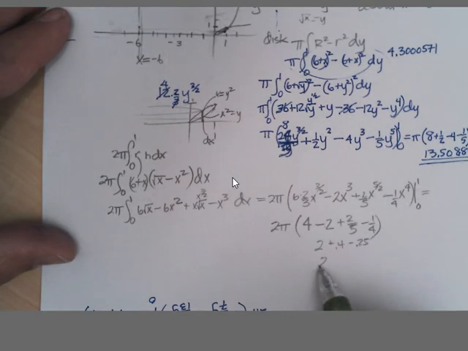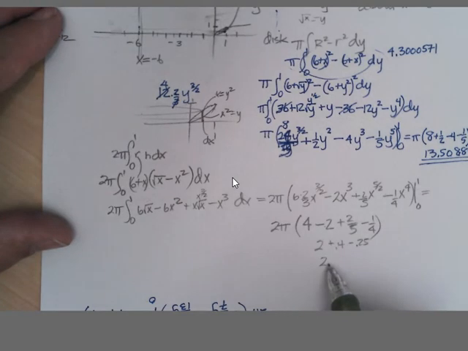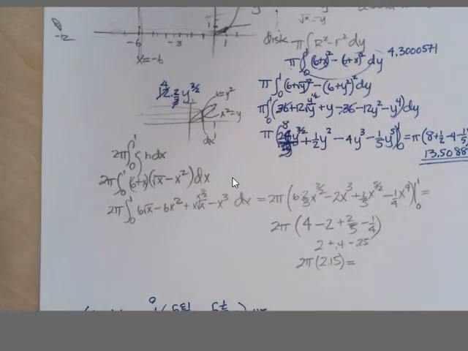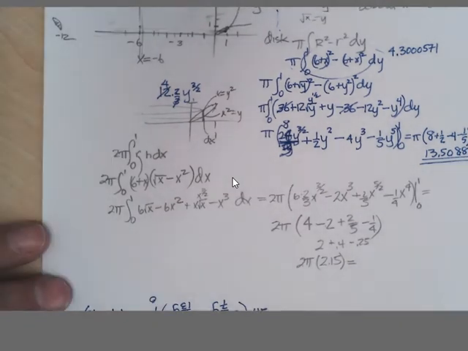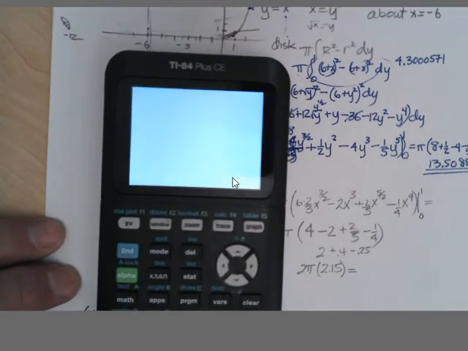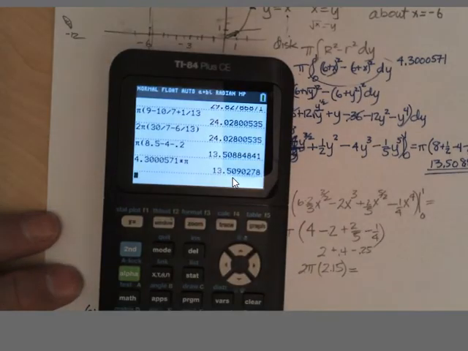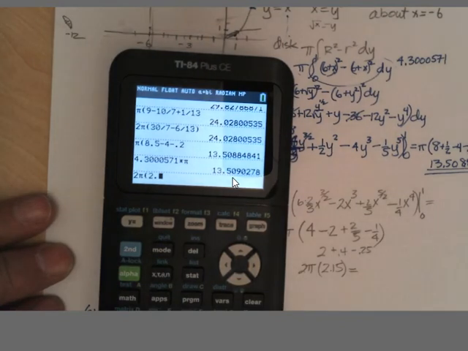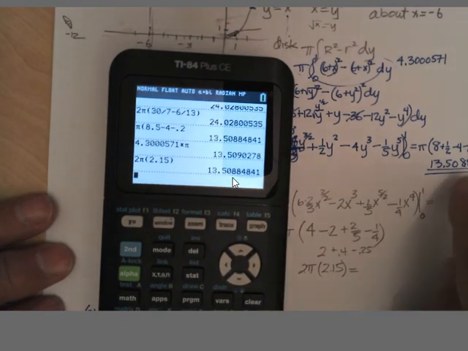So this is 2.4 minus 0.25, which is 2.15, times 2 pi. Let's see if that comes out to be that 13. So 2 pi times 2.15, and it turns out to be the same thing.